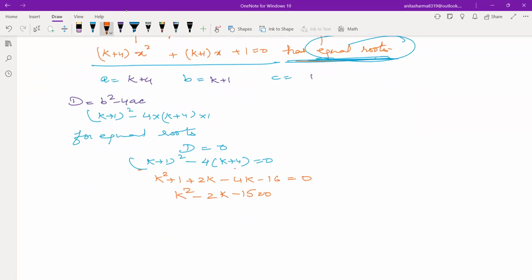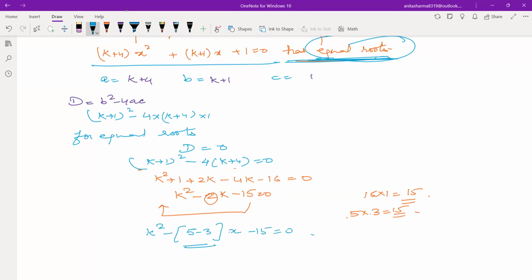Now you can easily split the middle term. 15 ones are 15. Now make the factors. 5 threes are 15. So now we want 2. So when you are subtracting 3 from 5, you will get 2 only. So k square minus (5 minus 3) into k minus 15.